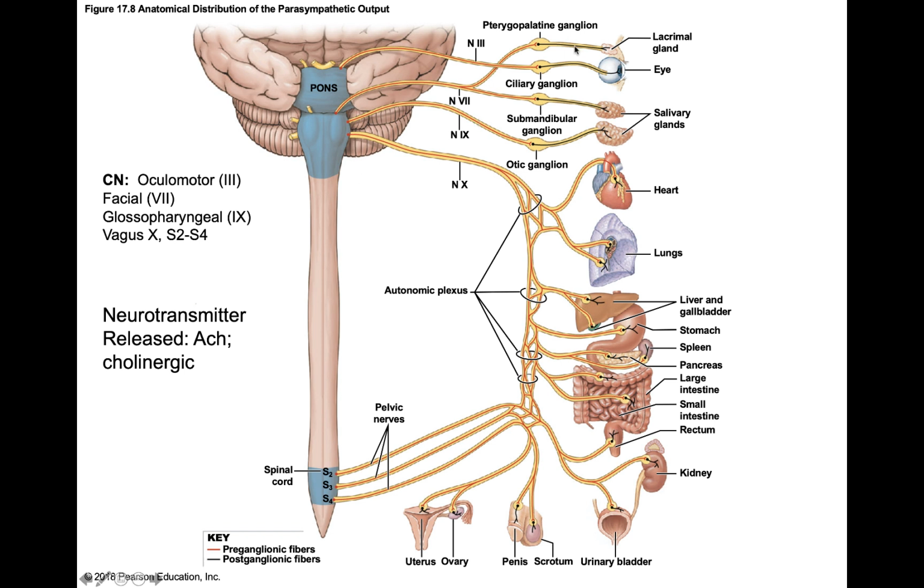And it's going to cause inhibitory effect here, so constriction of the pupils versus sympathetic, that's dilation of the pupils, increase in saliva production, versus sympathetic, that's going to decrease the production. It's going to decrease the heart rate, sympathetic is going to increase it. In lungs, you're going to be more relaxed versus in sympathetic where you're breathing maybe really fast. And then it's going to increase the enzyme production in the digestive organs.